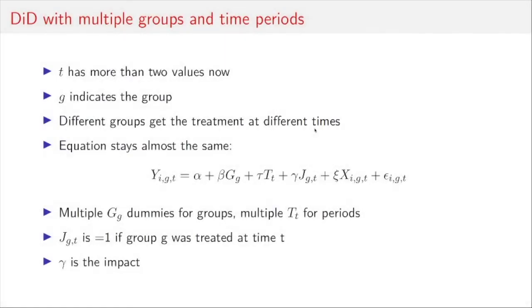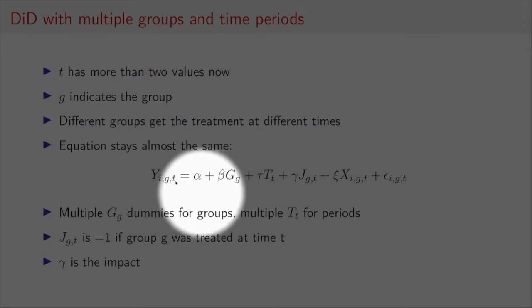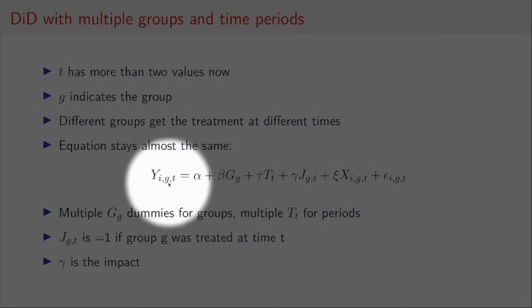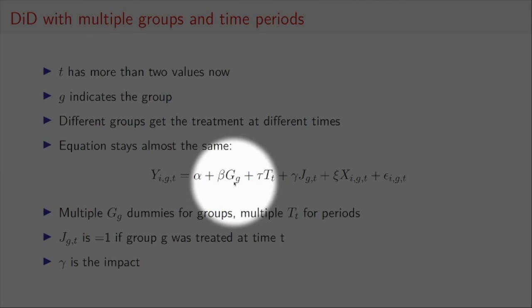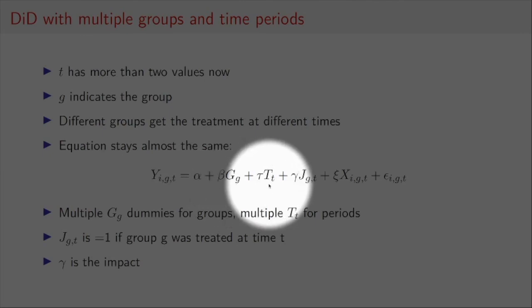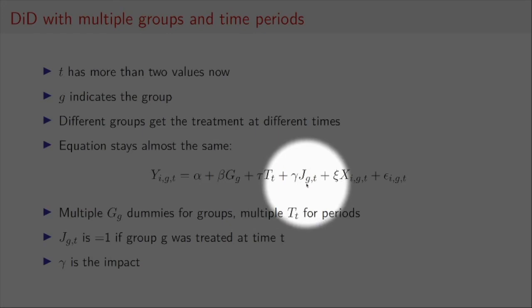Okay, so the equation actually stays almost the same. What you have now is Y_igt, so g the group, t the period, i the individual. And you regress that on a set of dummies for each group, a set of dummies for each period, and the D's are kind of playing the same role as our interaction term now.